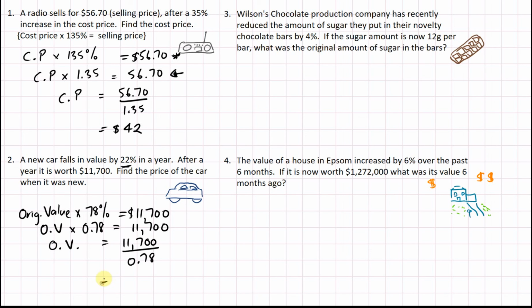So the original value of the car was 15,000. Check back again. The car fell in value by 22%. So my original value is 15,000, which is much more than 11,700. So we can see that it has indeed fallen in value.